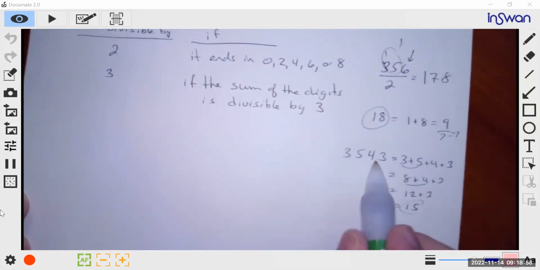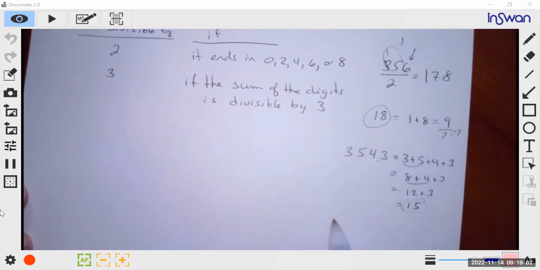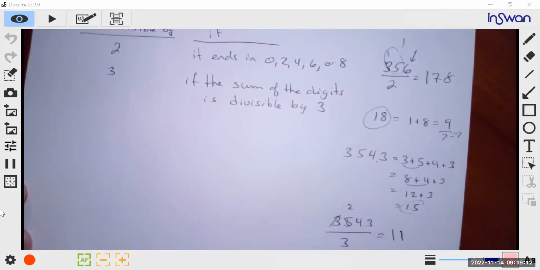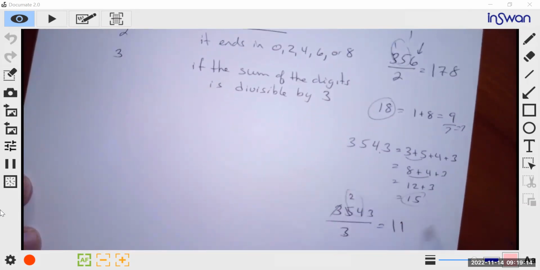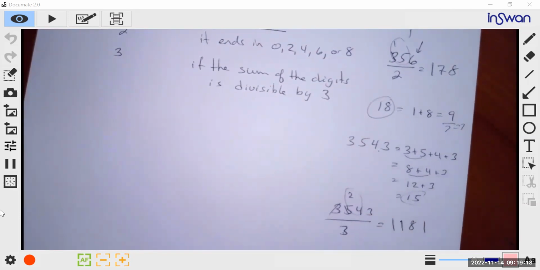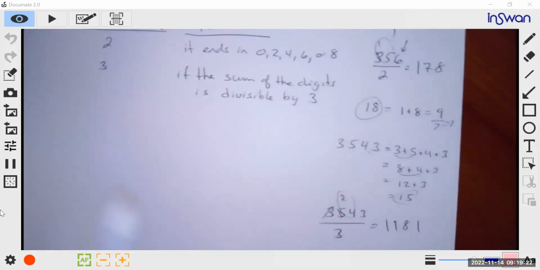So that means this number is divisible by 3. 3 goes into 3 once. 3 goes into 5 once with 2 left over. 3 goes into 24 8 times. And 3, so it's divisible. So that's how we test if a number is divisible by 3.